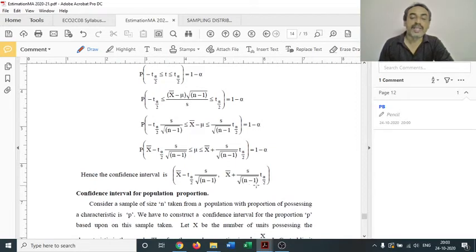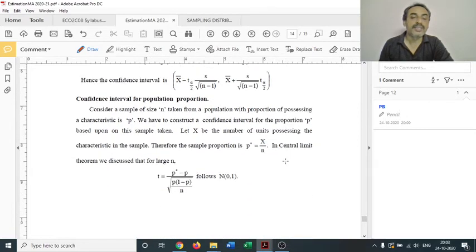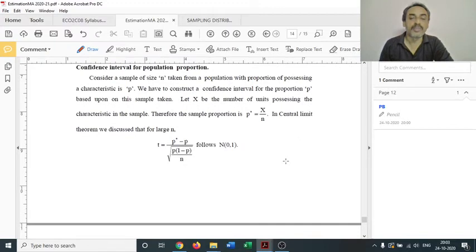These are the confidence limits when sigma is unknown and the sample is small in size. The next is the confidence interval for population proportion.